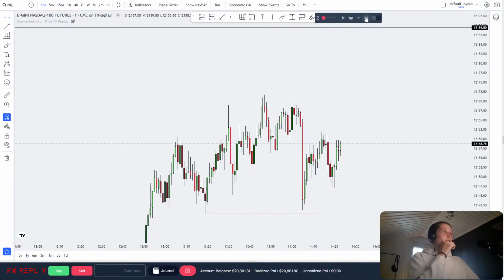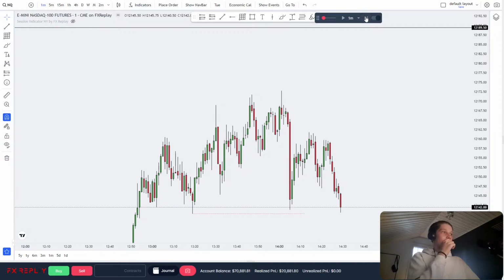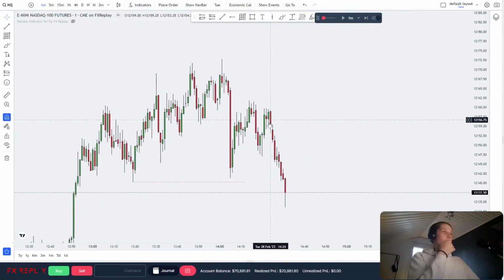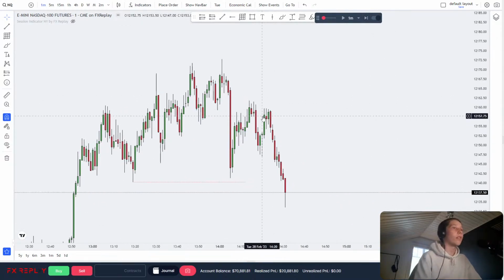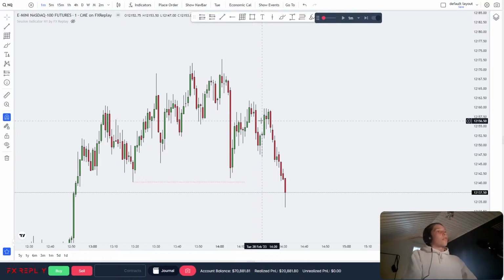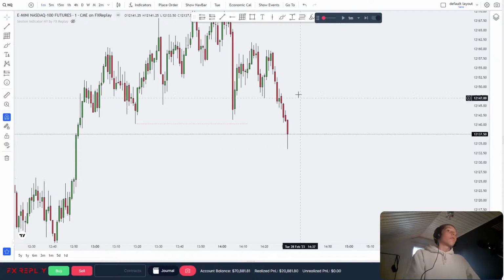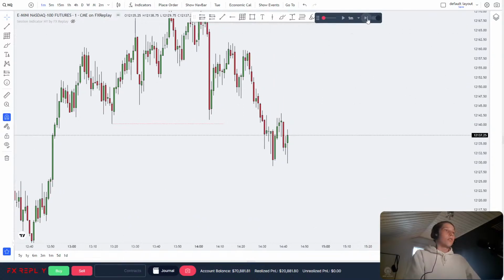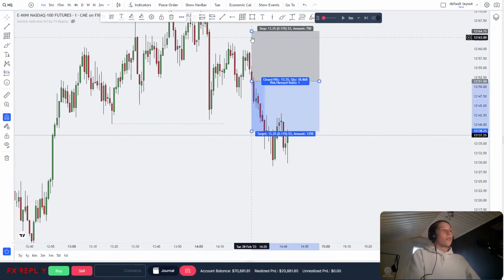So unfortunately I can't take that, and obviously you shouldn't, but sometimes when you are frustrated and you can't really understand your strategy, you can get stuck with this and you can be like, okay, this is a long, so we should go long, but you need to understand how liquidity works. There's way too much sell side here, and maybe that's the reason why I should have gone short here.